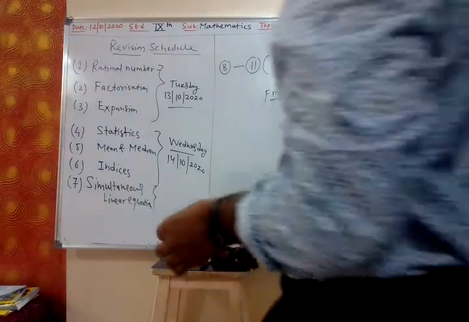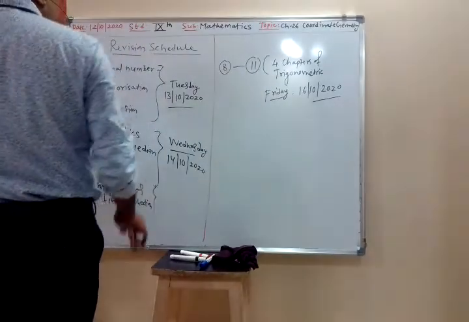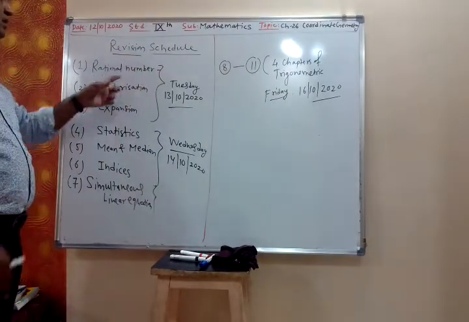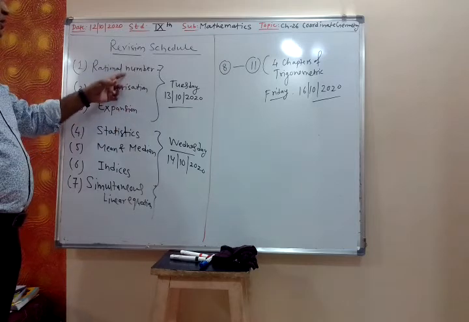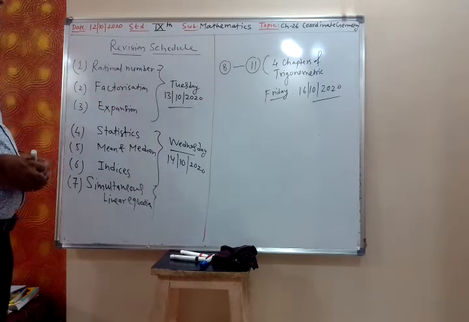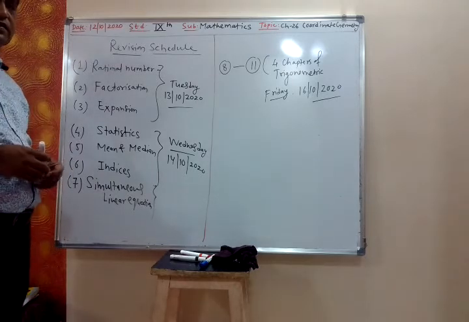So what I have planned, see, suppose tomorrow I am going to start revision for these 3 chapters. So today you go through these 3 chapters. You also revise thoroughly. Wednesday.